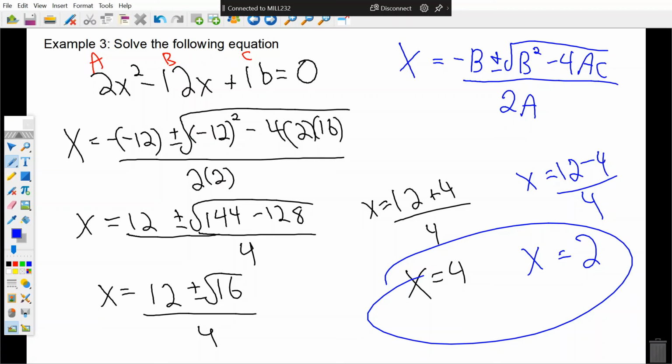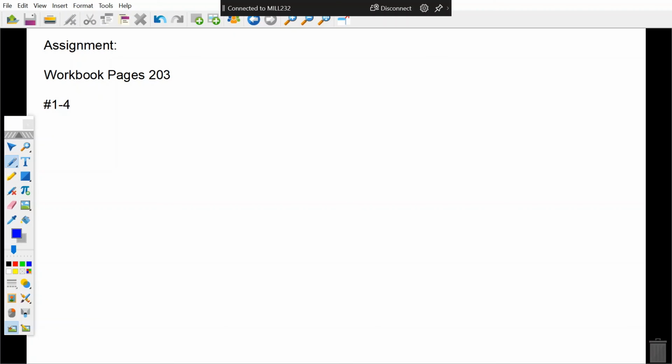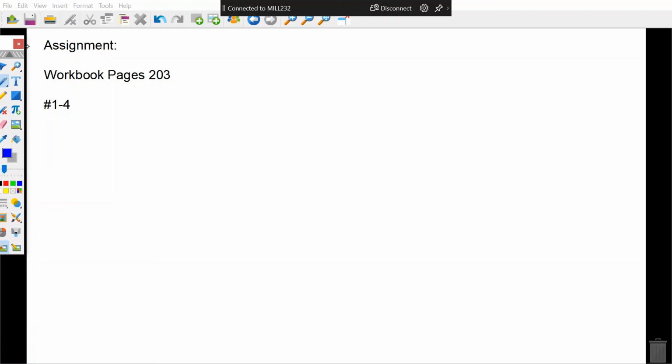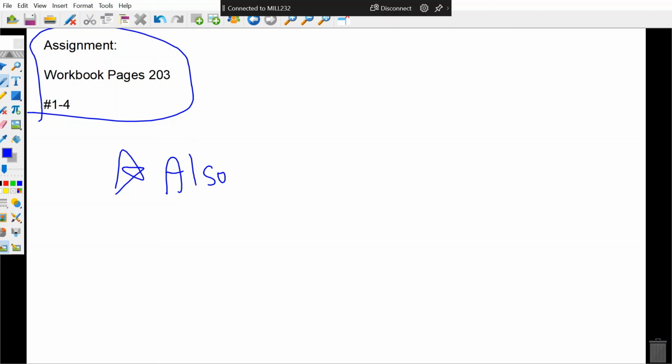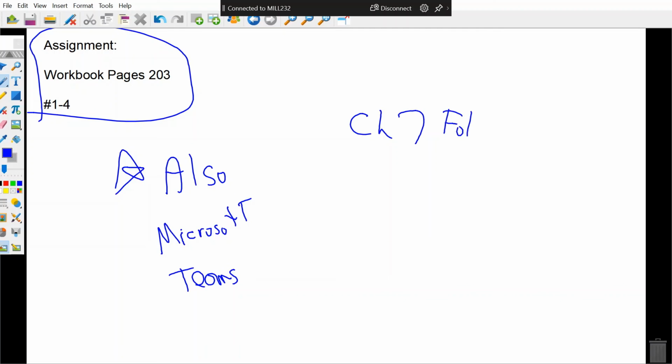So that brings us to the end of this unit. The assignment is short. It's just page 203, numbers 1 to 4. Okay. Also, on Microsoft Teams, you go to the Chapter 7 folder on the Files page.